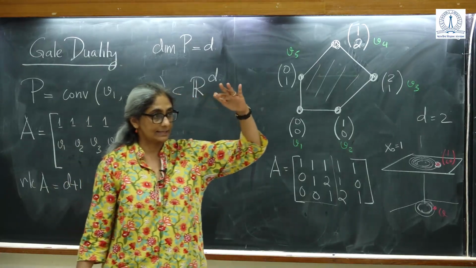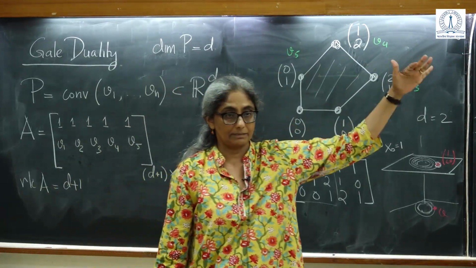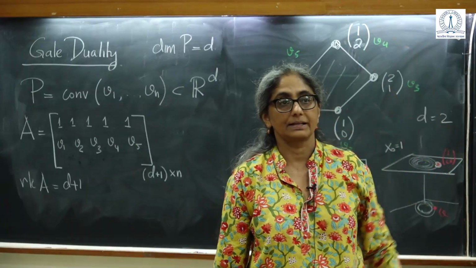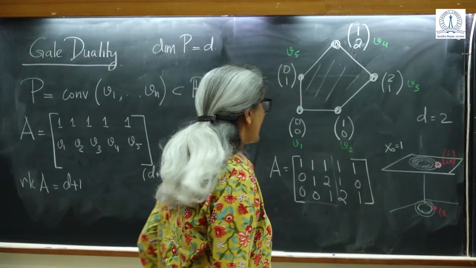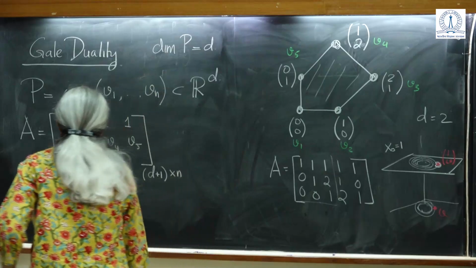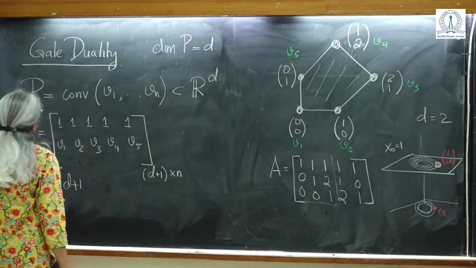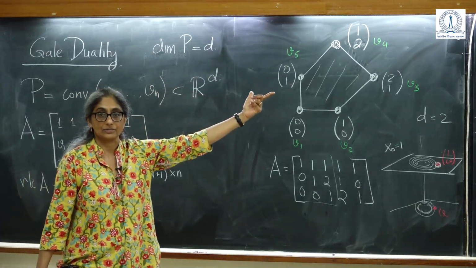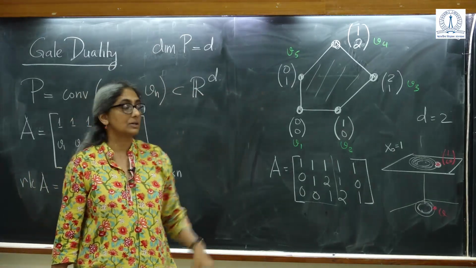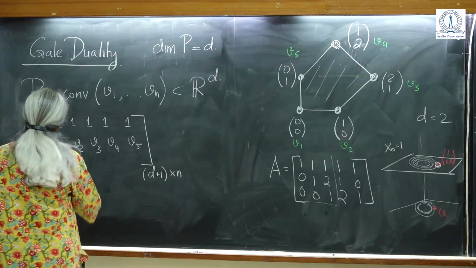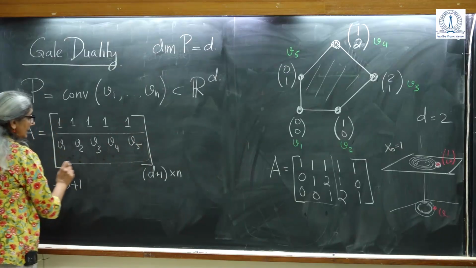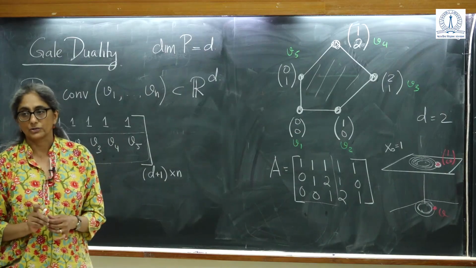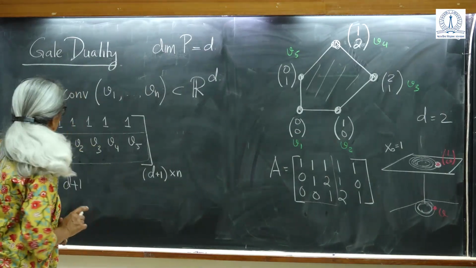D was the dimension we started in, we put this whole row of 1s on top, and now we get something of rank d plus 1. Check this please at home. It comes from the fact that the polytope is d-dimensional. These guys already have rank d, and the extra ones are not going to mess anything up. So it's a linear algebra exercise. So the rank is d plus 1.